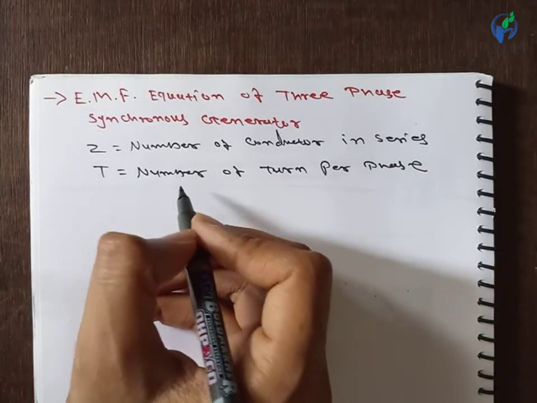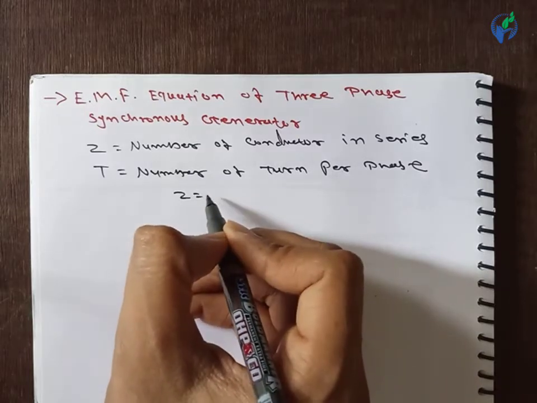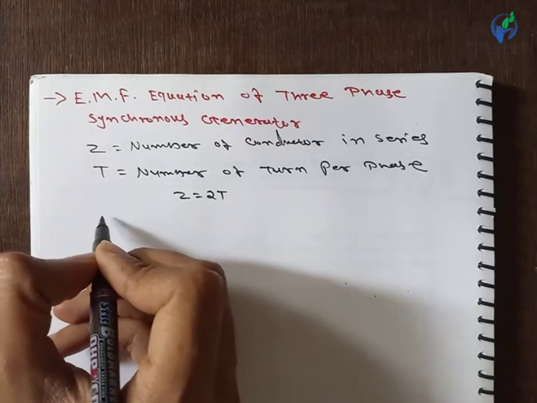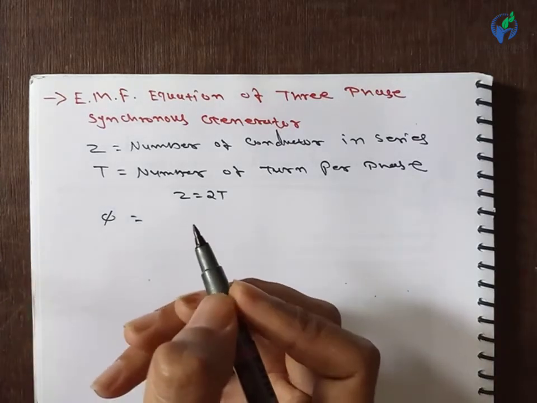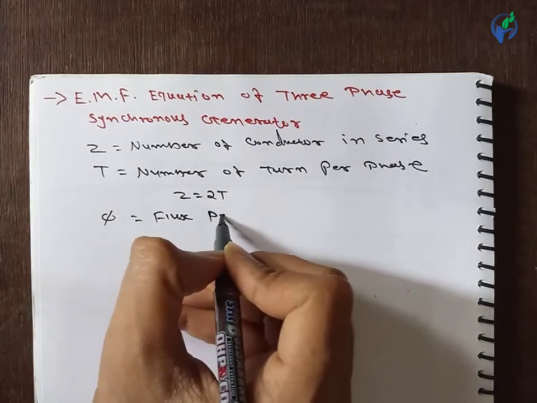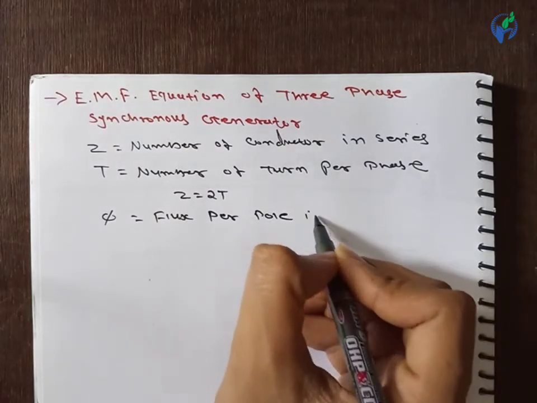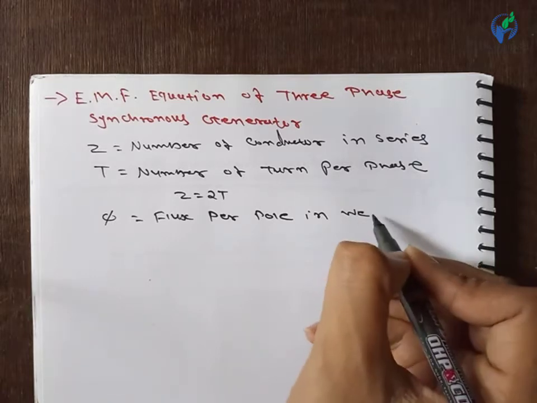Here the number of conductors per turn is equal to 2. So we can write that Z is equal to 2T. The next parameter is Φ. Φ is equal to flux per pole in Weber. Weber is the unit of flux.